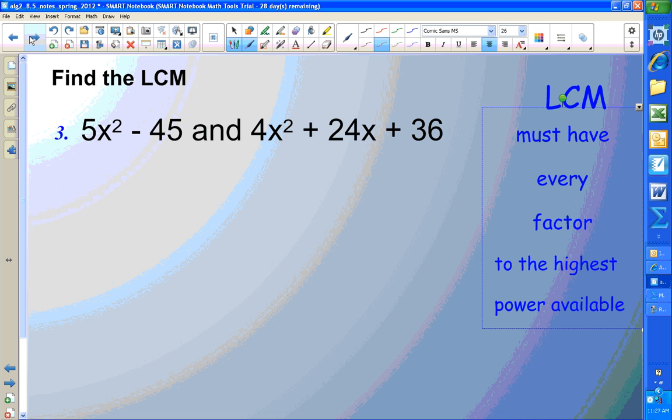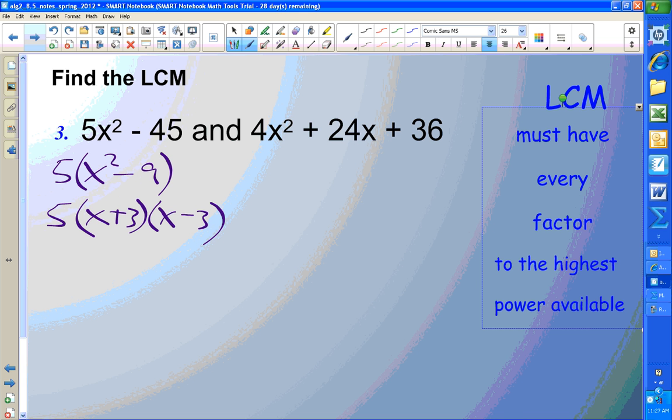So if you look at our first term, 5x squared minus 45, how can I factor that? Take out a 5 and you'd be left with x squared minus 9, which factors how? You need to factor each of these completely. 4x squared plus 24x plus 36.